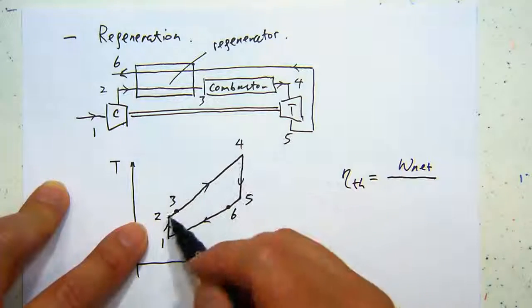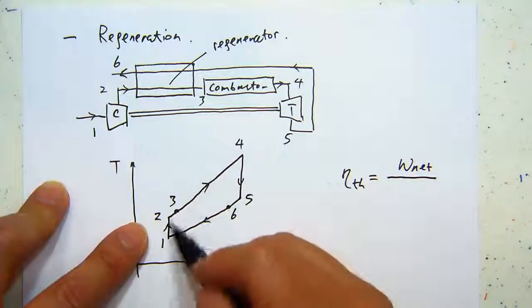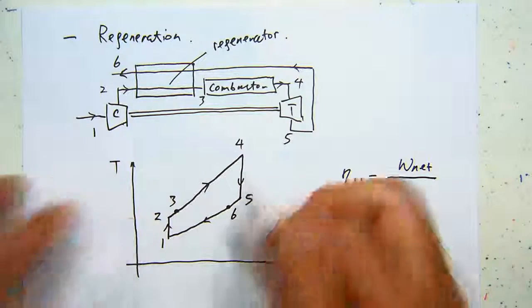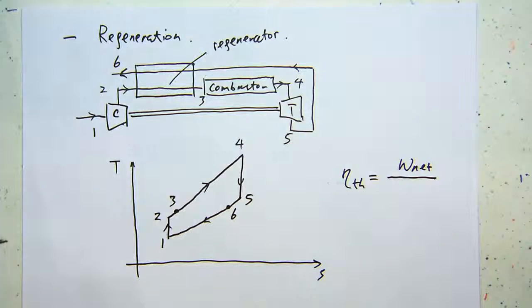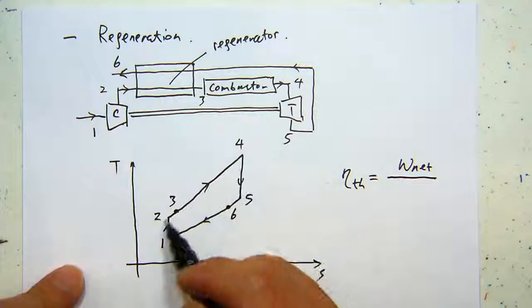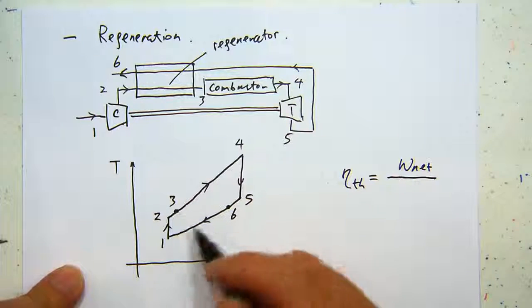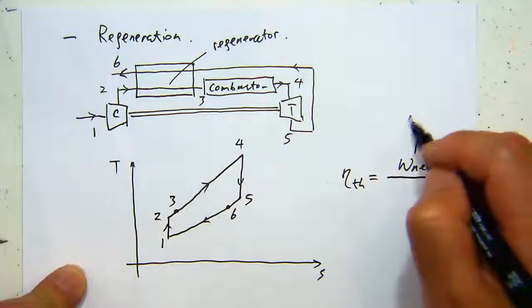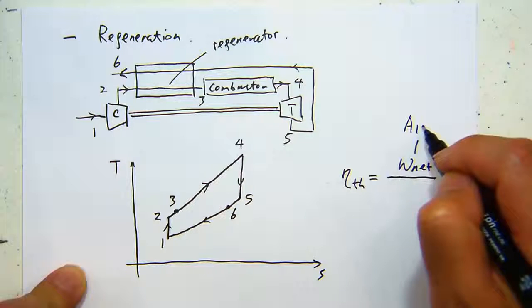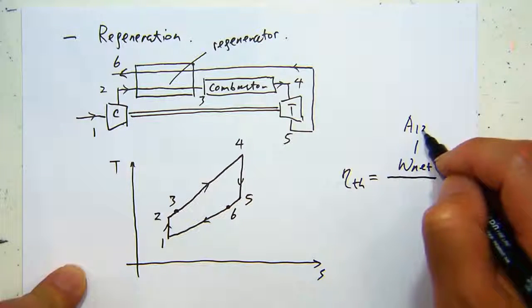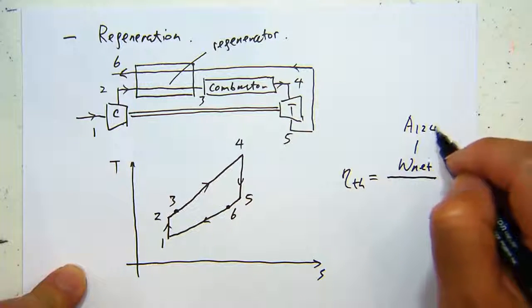The total net work is still corresponding to the area enclosed by this now 6 states, 5 steps, still corresponding to the area of 1, 2, 4, 5.